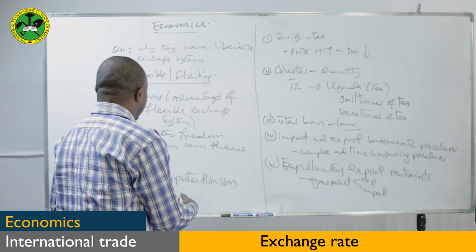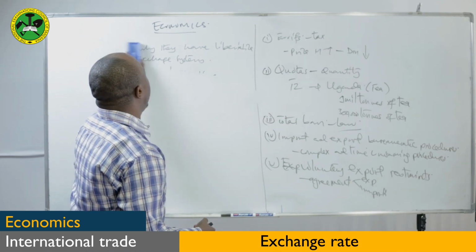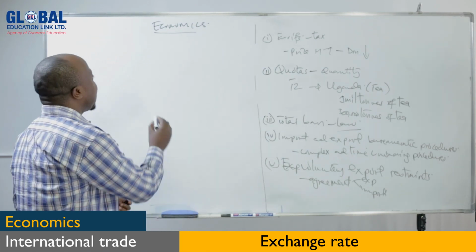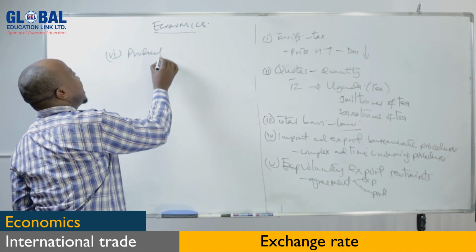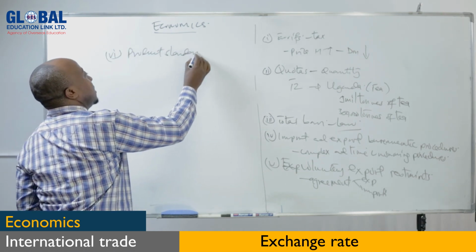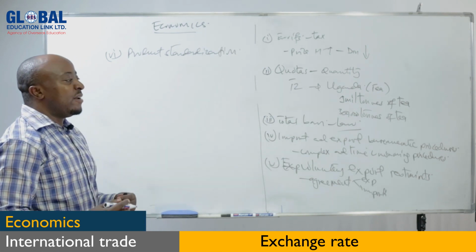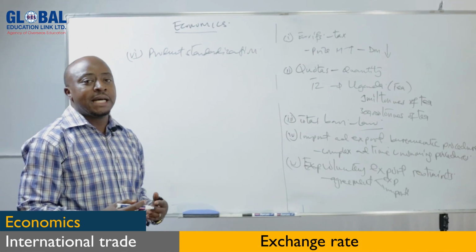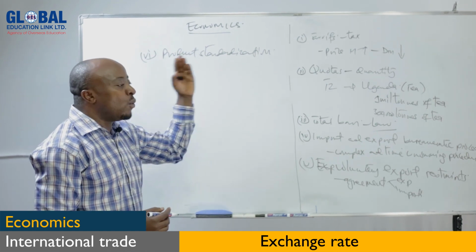Another one, you can use the so-called product standardization. Product standardization is another method, another advice. You can advise the government to use product standardization. It means the government, through different agencies, we have some agents which are dealing with the quality of the products. They can set a very high standard for goods to be imported.